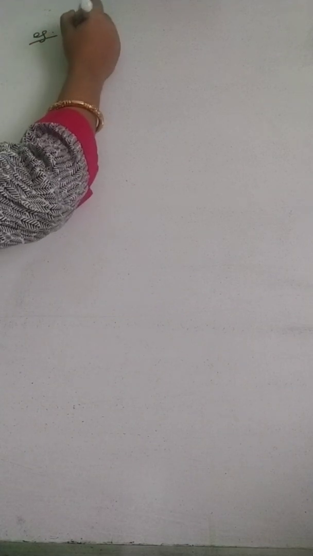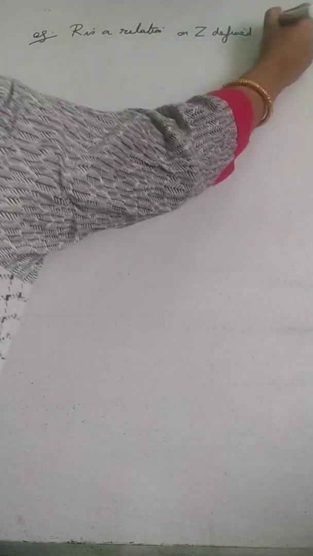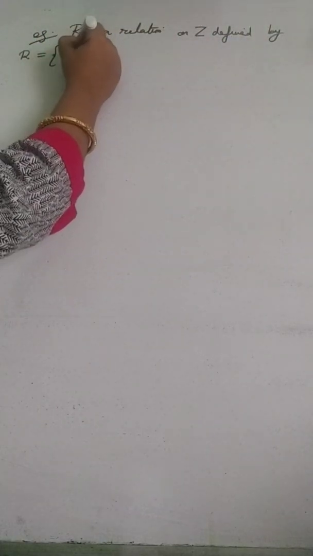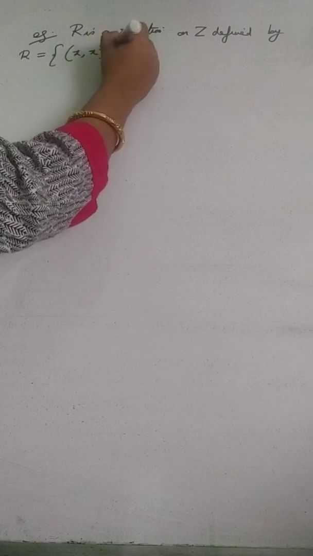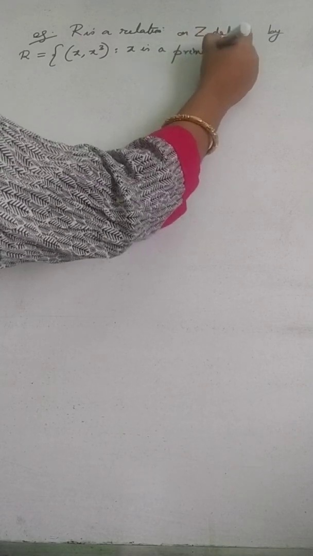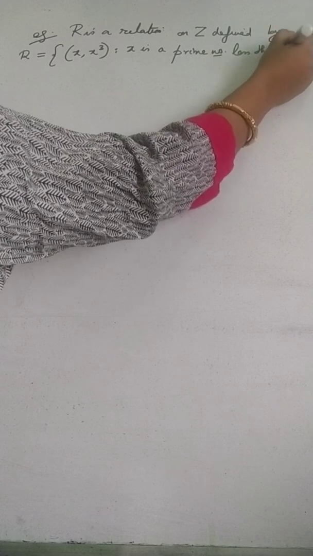Let us work out a few numericals on relations. First example: R is a relation on Z defined by R is equal to x cubed, such that x is a prime number less than 12.